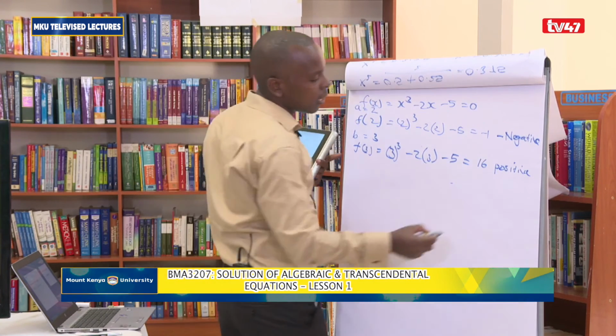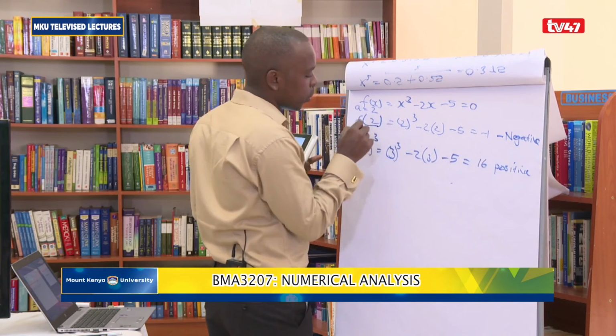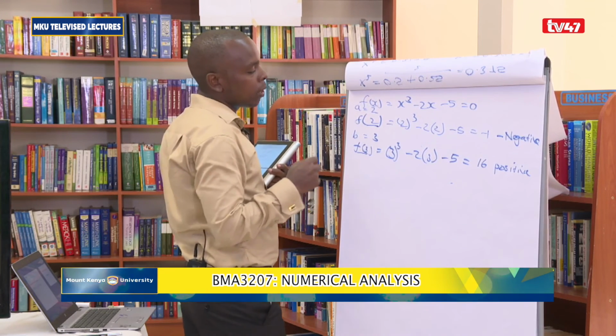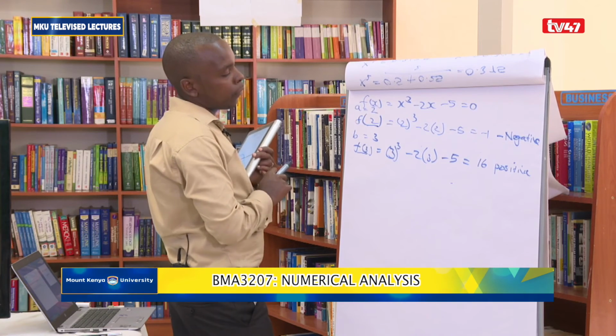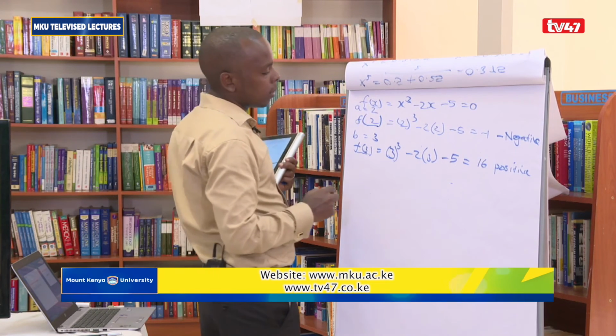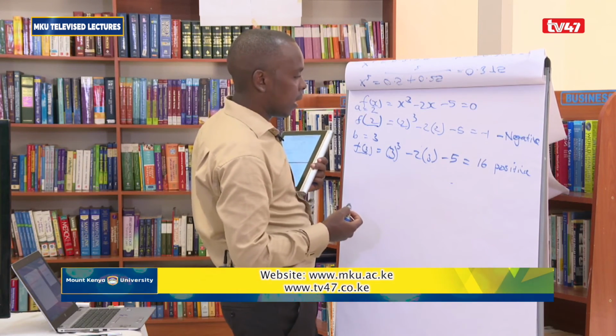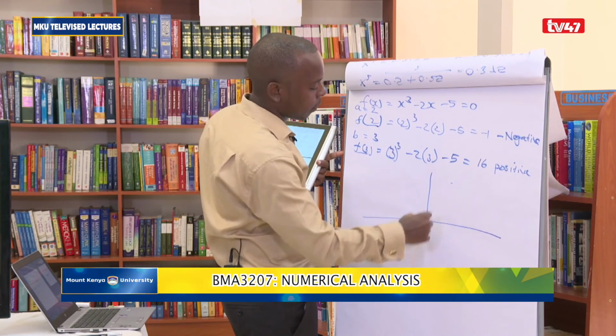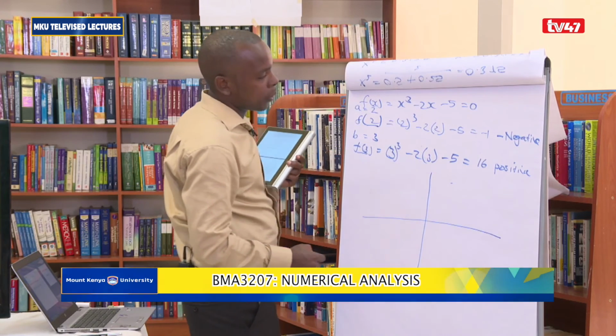So we can easily tell that the root lies between 2 and 3, because f of the two values is giving us opposite signs.